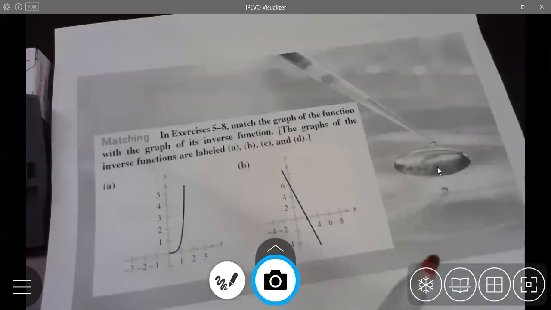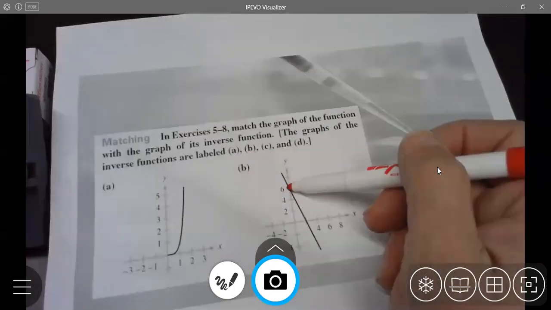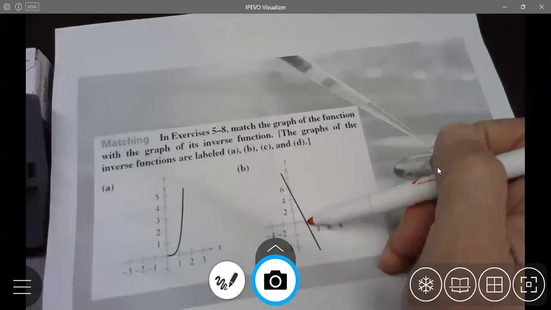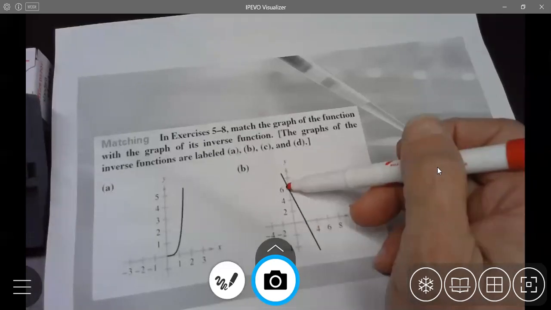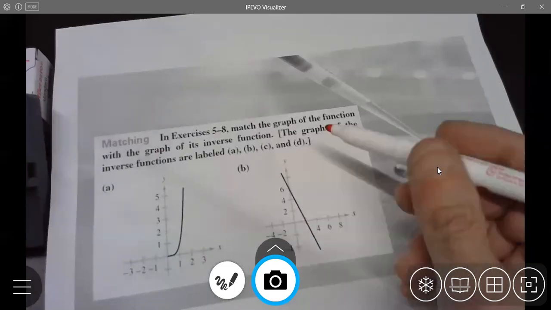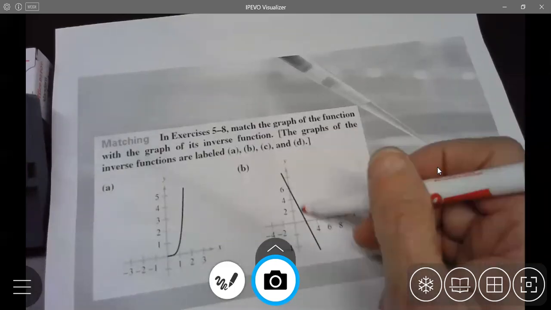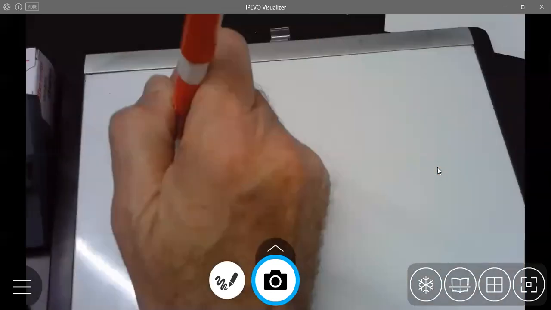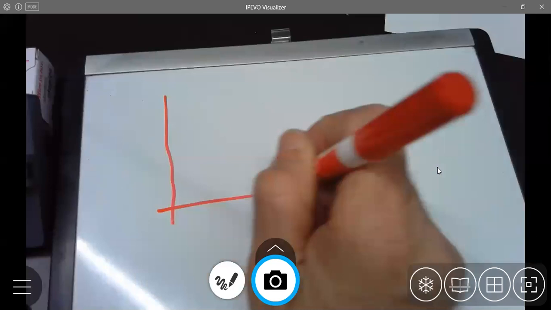And actually, I'm going to start with the linear function first. Here we look at the inverses, you pick 2 points. So this is 0, 6, and this is 2, 0, in increments of 2. So this would be 2, 0, and this would be 0, 6. So let's graph that.